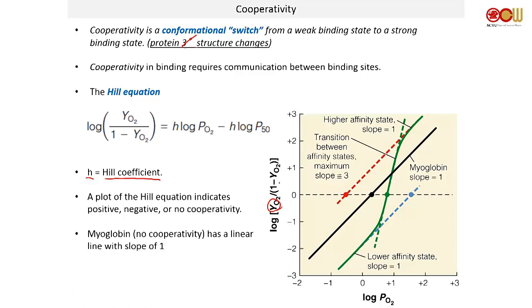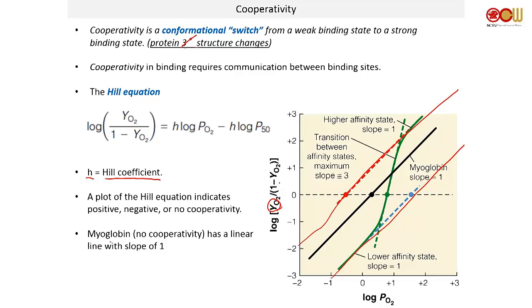Essentially, that's like taking your concentration versus the fraction of O2 bound. Now, at any stable state, whether low affinity, high affinity, or medium affinity, you will have a linear slope.